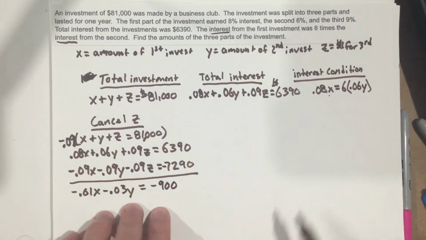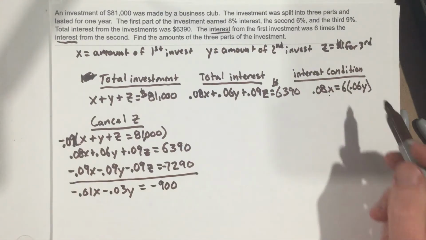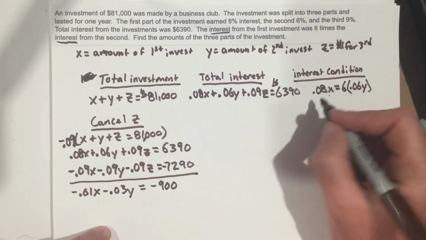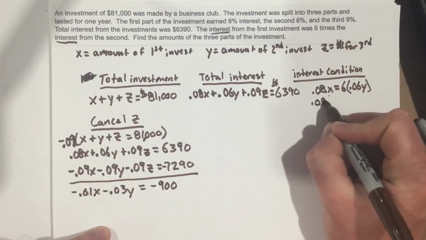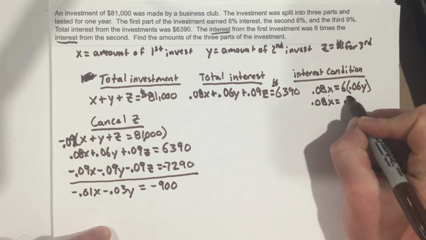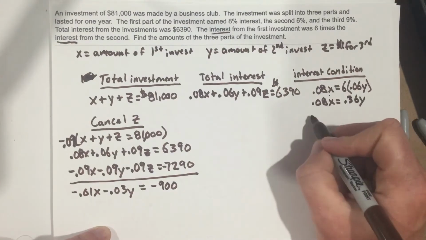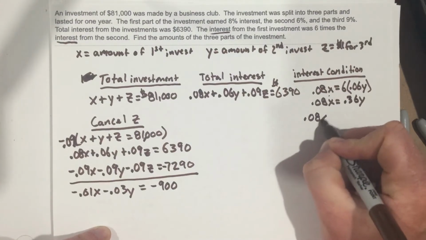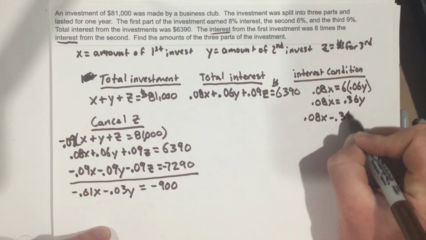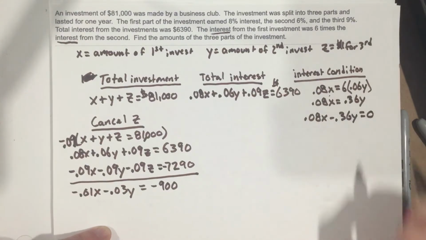Now I'm going to take this and combine it with this equation. But first, I'm going to multiply this out. So it's 0.08x equals 0.36y. And then we'll subtract it over. So it's 0.08x minus 0.36y equals 0.